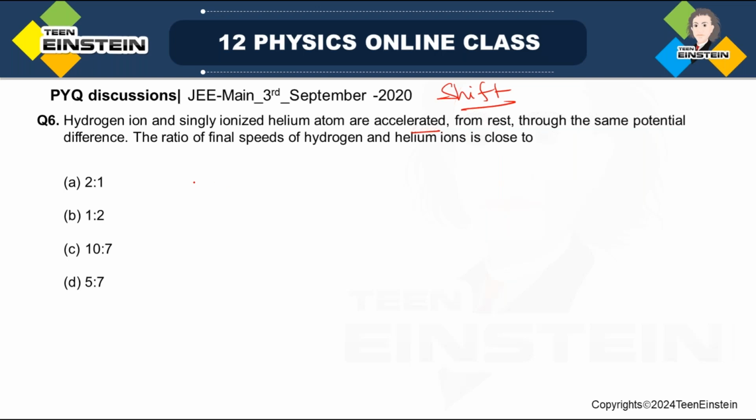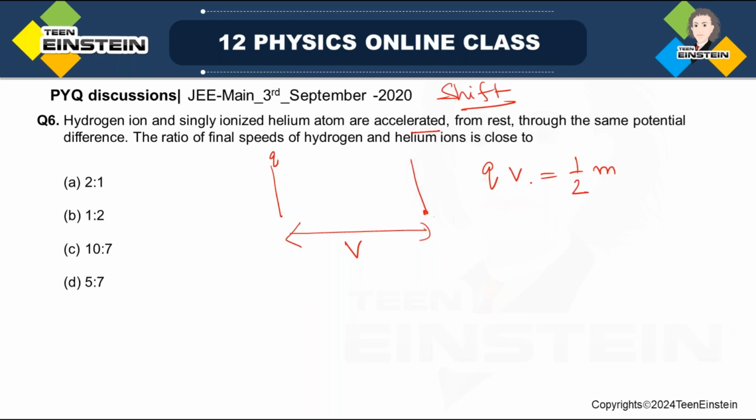See, when you have a region of potential difference V, and you want to accelerate an ion or charged particle having some charge q, if you leave it at rest here, it will be accelerated through this region, and its energy will be q into V. That q into V will be converted into the kinetic energy of the particle.